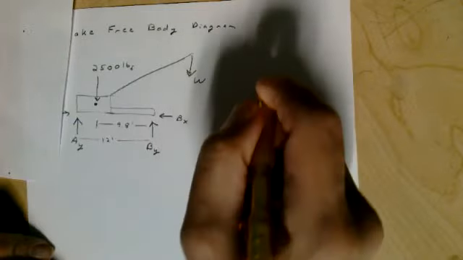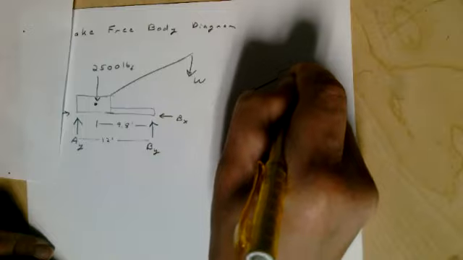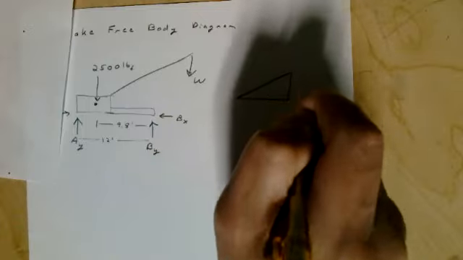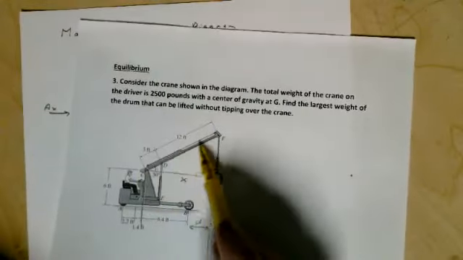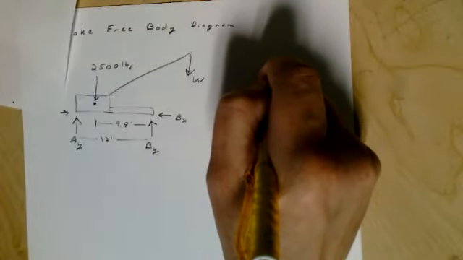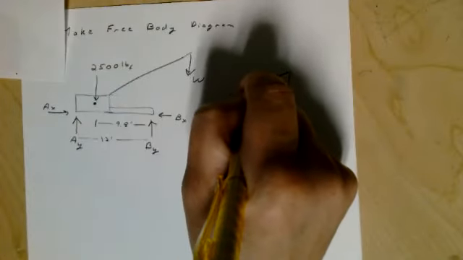So let's make another little diagram over here. Once again, if we call this X here, and it looks like this distance here is going to be 15 feet, and this is 30 degrees.